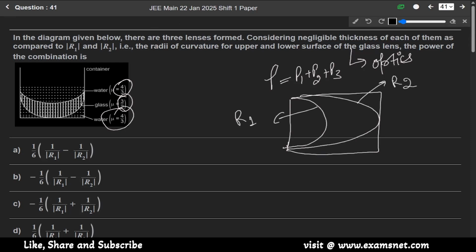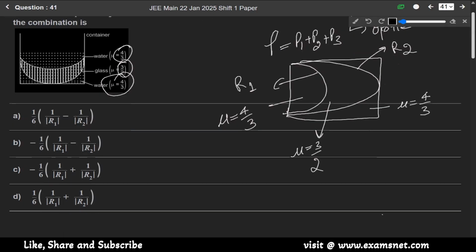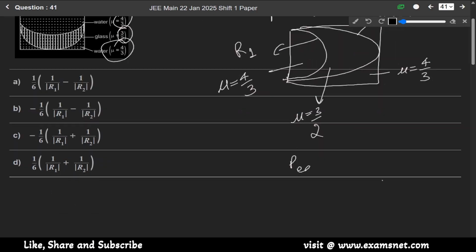Okay, and we are given these mu values as 4/3, 3/2, and again 4/3. So total equivalent power P will be equal to P1 plus P2 plus P3.